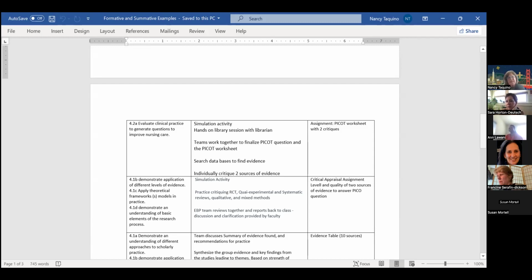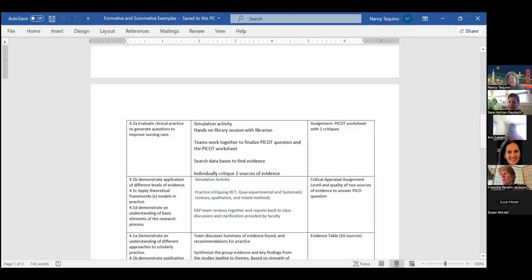Whereas if you look at it by a module, this is how I was looking at it, module by module, it's scaffolded learning. So by the end of this module, I want them to be able to have a PICO question identified and have done 2 critiques. That's not totally summative, but it's sort of summative. Yeah. It's summative of the module.